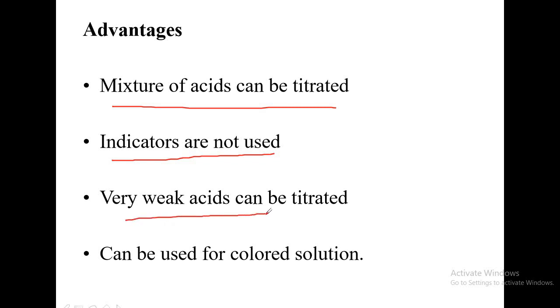Very weak acids which cannot be titrated by traditional methods can be titrated by the conductometric method, especially weak acids like boric acid, phenol, etc. It can be used even for a colored solution.